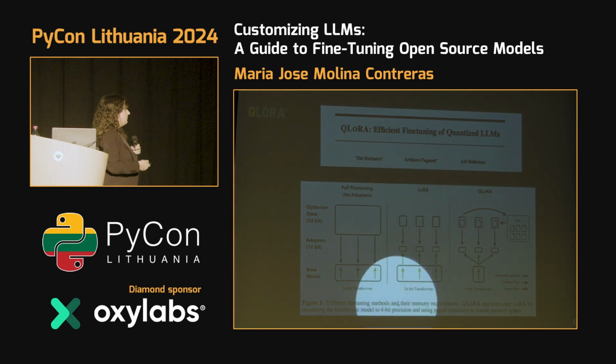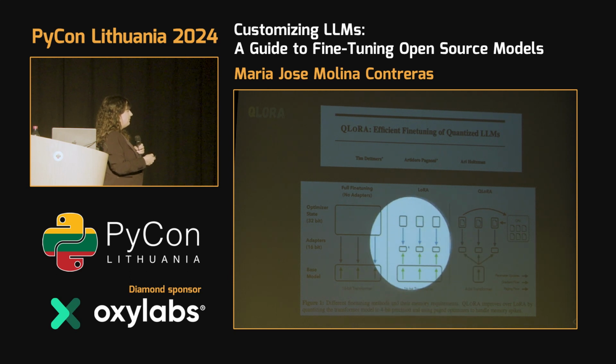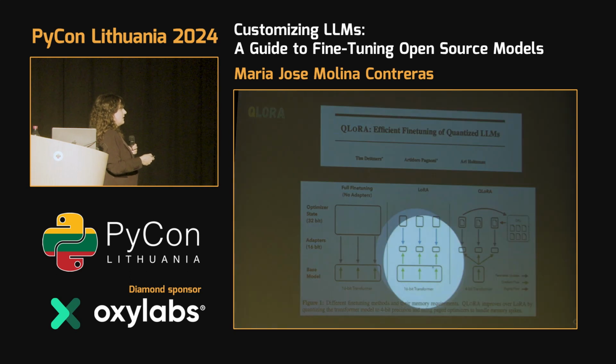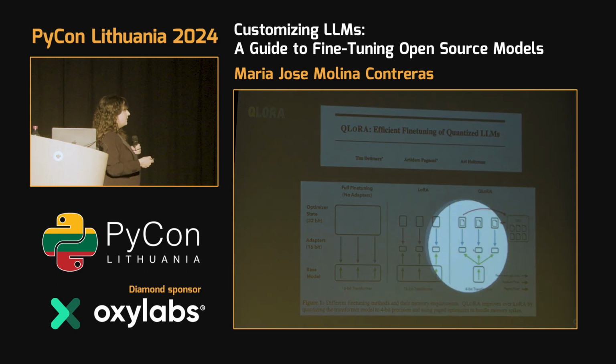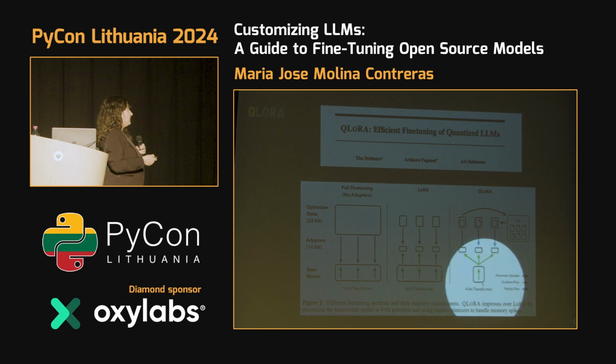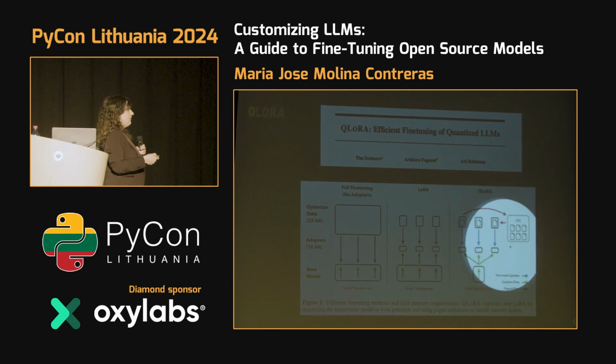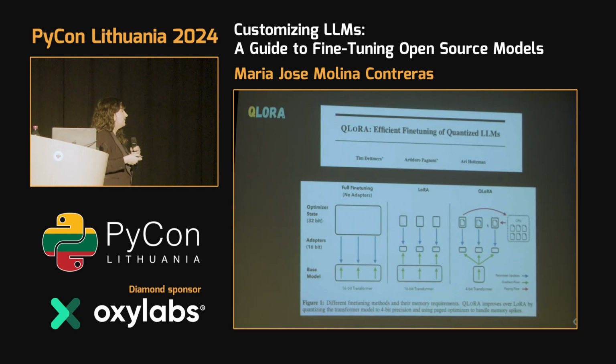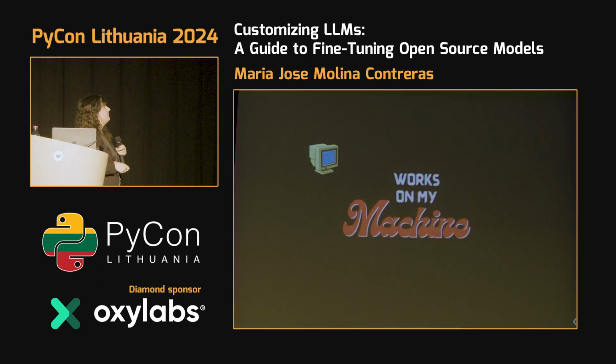In the case of LoRA, we have, again, the 16 bits, but in this case, we have adapters that have their own optimizer. And in the case of QLoRA, it's the same as LoRA. However, we start with a 4-bit base model, and then we have this paged optimizer. And this is the main idea that we are going to use to fit our fine-tuning in our machines.